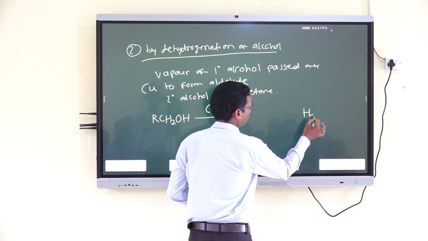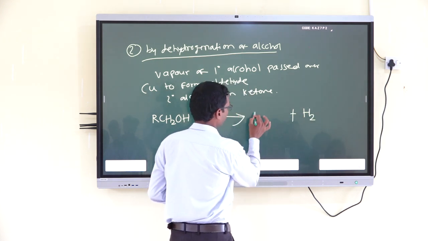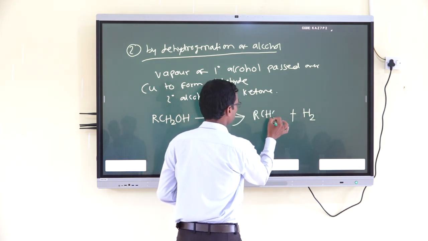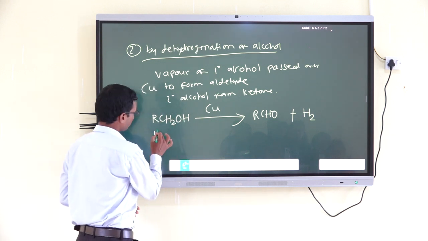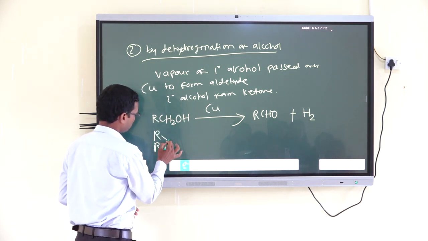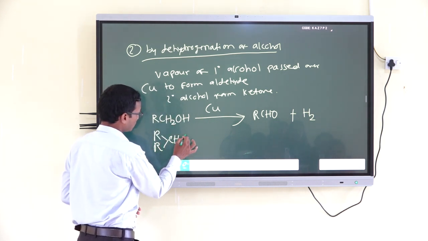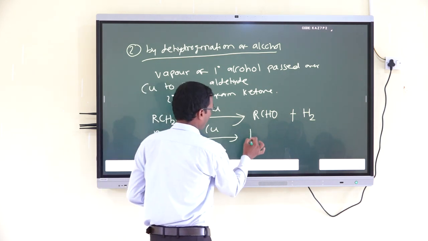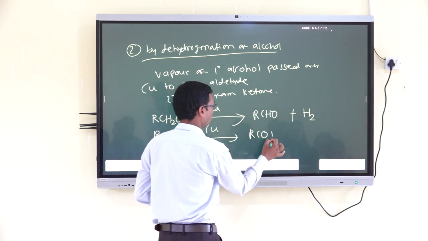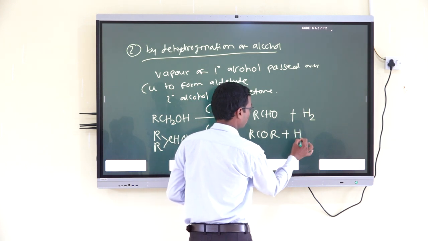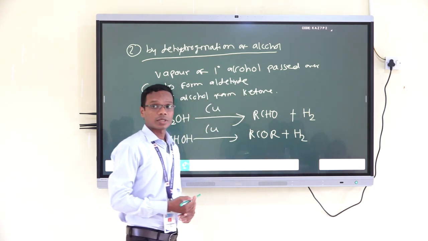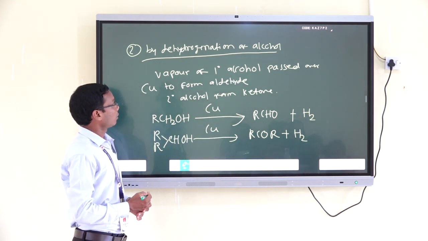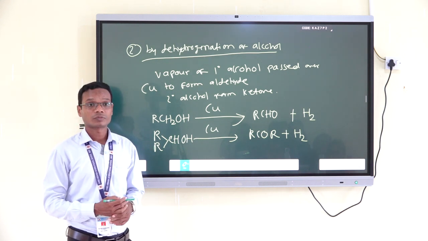So after removal of hydrogen, your product is RCHO, and from secondary alcohol R2CHOH, the product is R2CO plus H2. This is by dehydrogenation of alcohol.